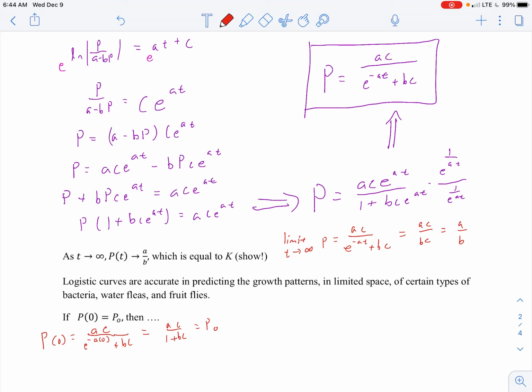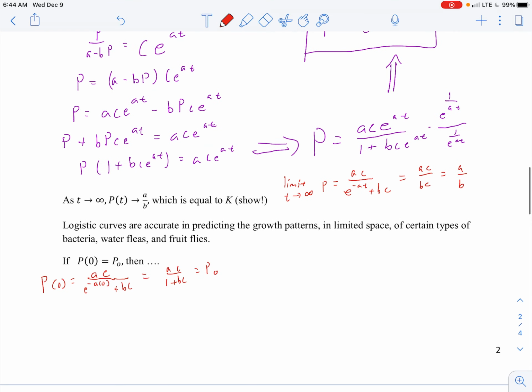All right, so let's go ahead and solve for that. And so I can multiply the 1 plus BC over to the right-hand side. And then I'm left with just AC is equal to P sub 0 times 1 plus BC, which is just going to be AC is equal to P sub 0 plus P sub 0 BC. And now I can solve for my constant.